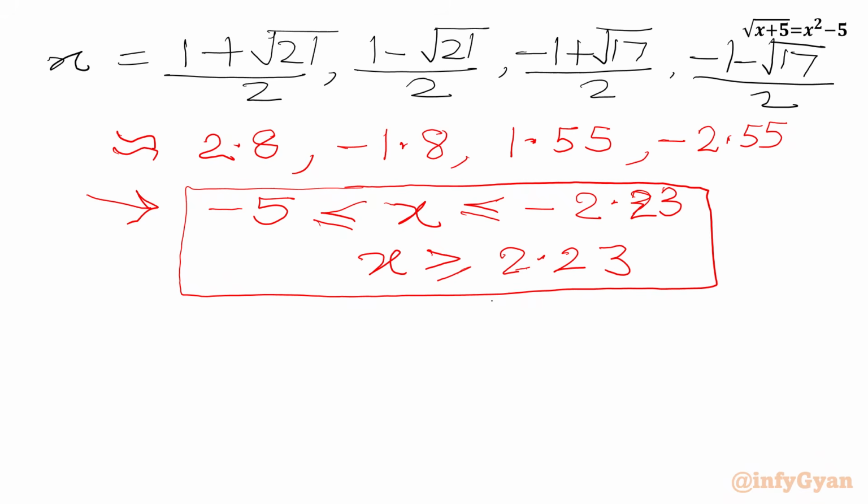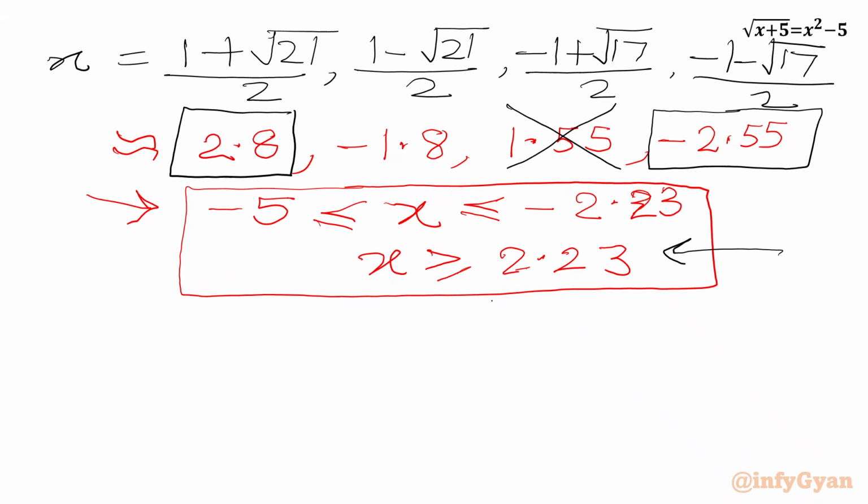So if I check our first solution, 2.8, then yes, it is satisfying this condition, and the other is not satisfying, so we will reject it. Minus 2.55, yes, this is satisfying this condition, and the other is not. So we have to accept the first and fourth solutions for x to be real.